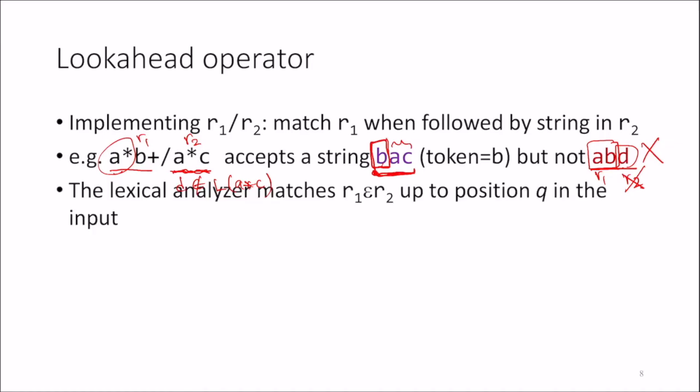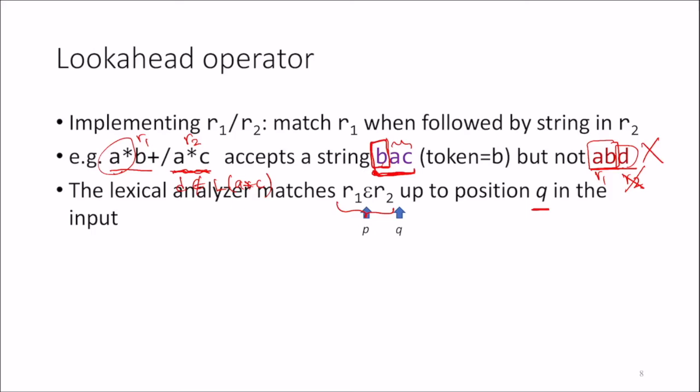The way to do this is to match R1 epsilon R2. Just create an NFA for the concatenation of R1 and R2, and you match up to a position Q in the input. So here's position P and this would be position Q, right?